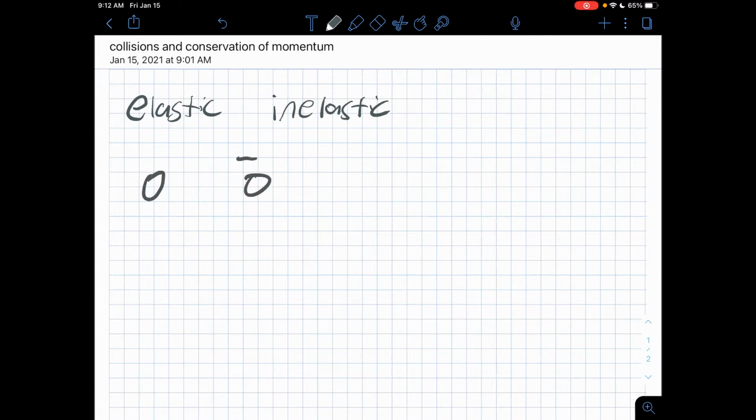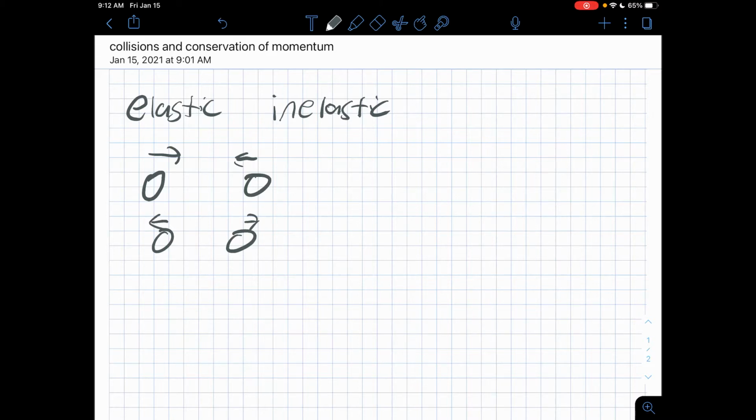You have two balls here, and let's say they hit each other. Afterwards, they'll just bounce off each other and go in separate directions. So that's what an elastic collision can be defined as. It's when the two objects that collided remain separate after the collision.